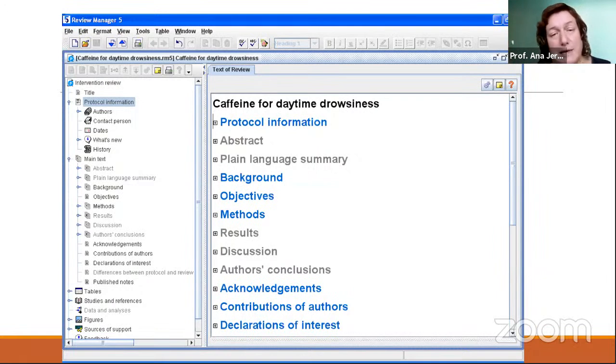Again, we need to explain the background, why it's important to do a systematic review on this particular problem, and the objectives. So which primary outcomes and secondary outcomes we are going to focus on, which methods we are going to use, and some other sections.